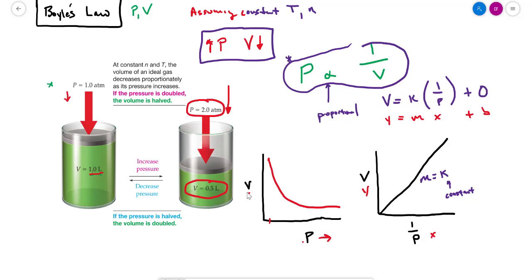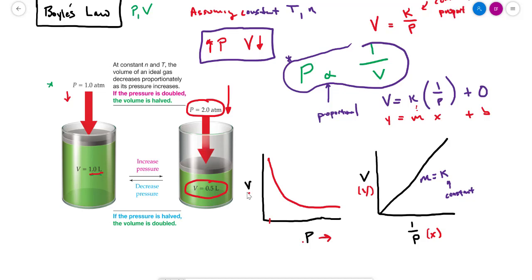X in this case is 1 over P because it's on the x-axis. The slope relating these two variables together is going to be m, which in this case is just some constant of proportionality, and the intercept here, b, goes through 0. So our overall relationship for Boyle's law was stating that essentially volume is equal to K over P, where this is some constant of proportionality.